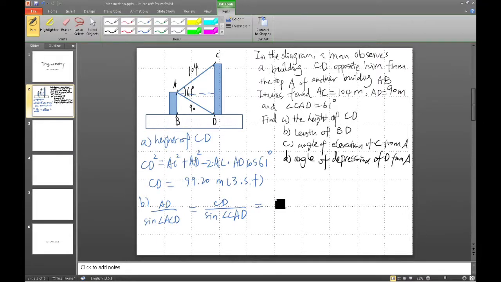So by rearranging this equation, I will get sine angle ACD equals to 90 times sine 61 degrees over 99.2.